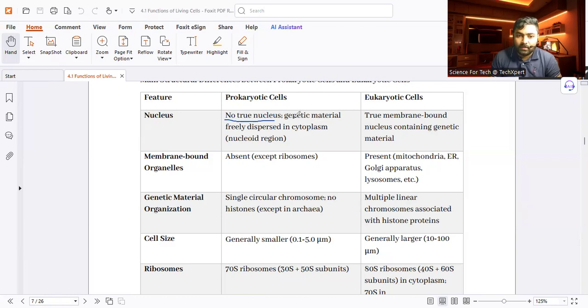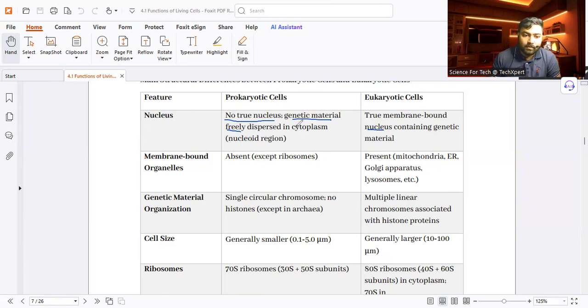But in a eukaryotic cell, there is a membrane-bound nucleus, and within that nucleus, we can find the genetic material.